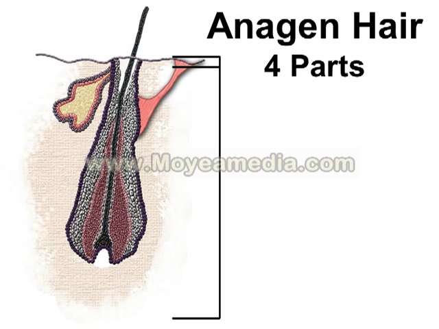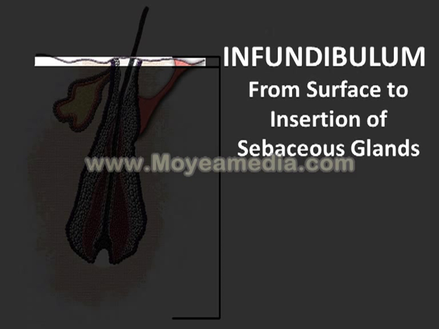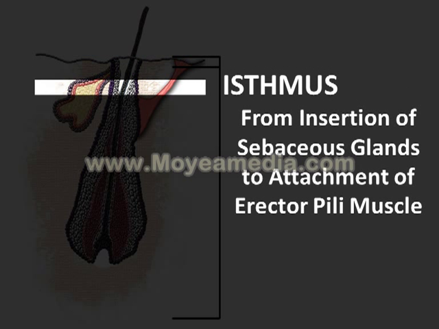An anagen hair is composed of 4 parts. The infundibulum is the uppermost portion from the surface to about the level of the insertion of the sebaceous gland duct. The isthmus is located below that from the sebaceous gland duct entry down to the level of the attachment of the erector pili muscle.